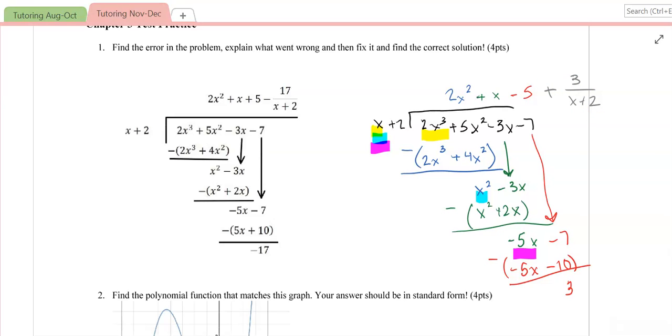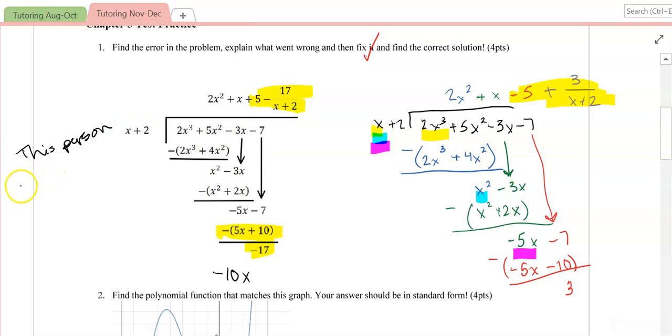Now, we just did the multiplication, so we have done the fix-it part. We need to explain what went wrong. So looking at my work compared to this work, this is the mistake, the final steps here. A negative 5x minus 5x would actually make a negative 10x. So this person, you would write this out in words.